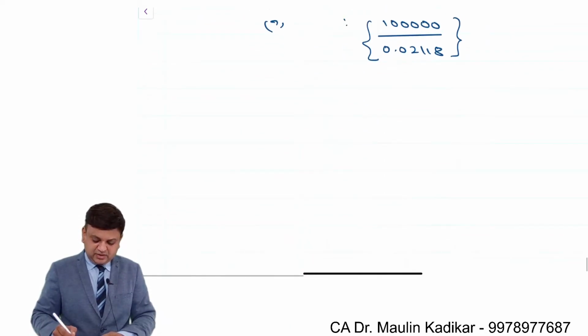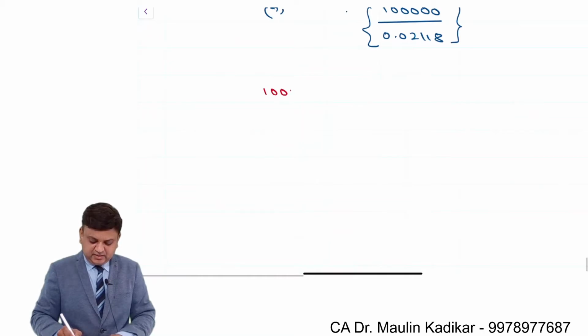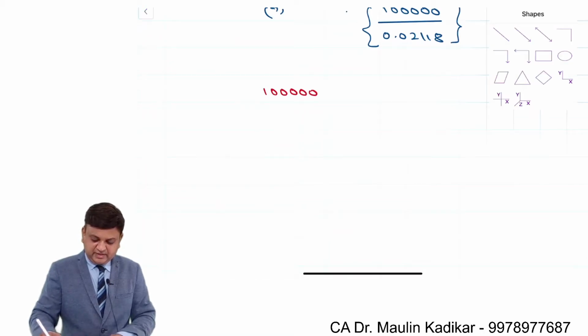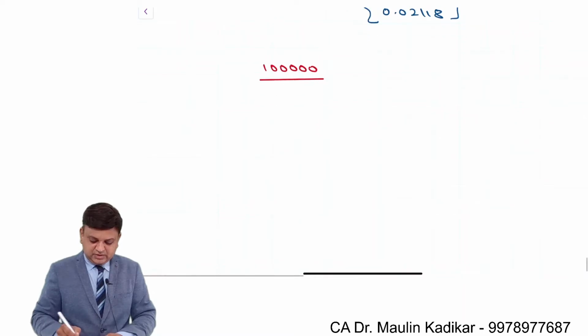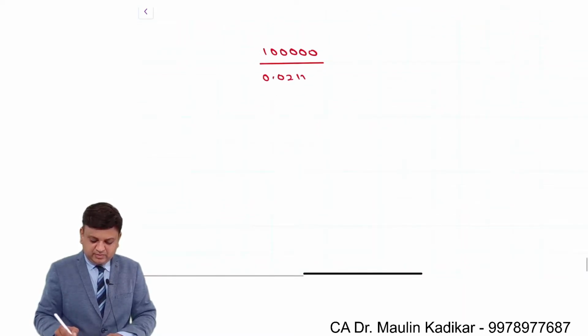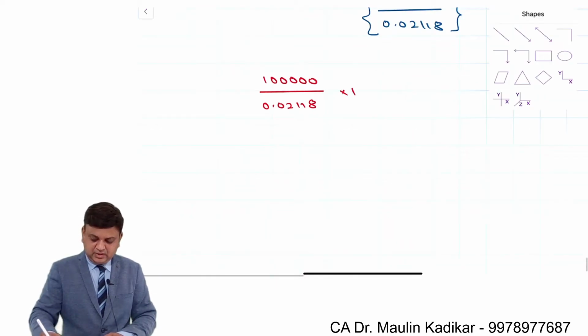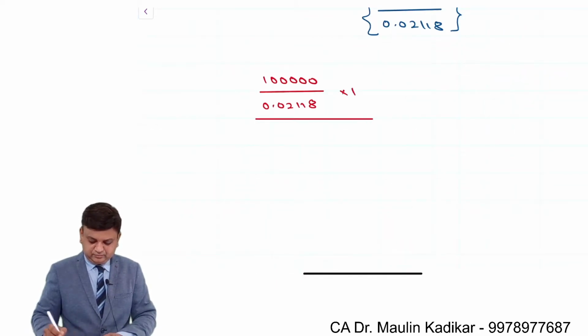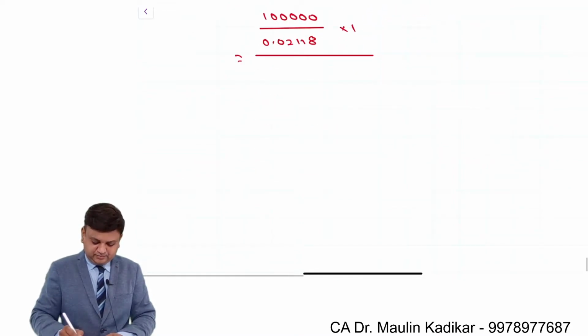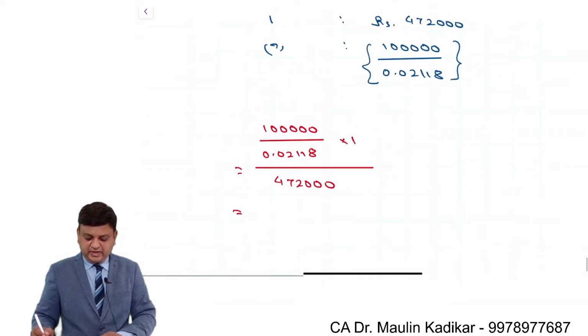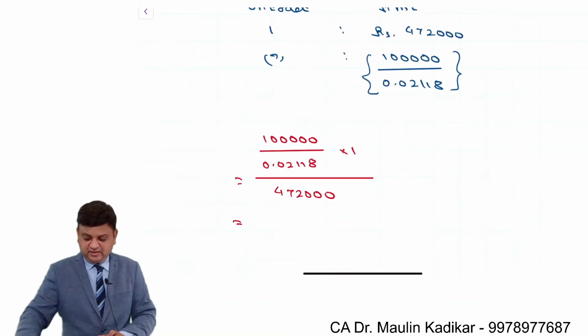So kindly use a calculator once again. It is 1 lakh divided by 0.02118 into 1, that does not make a sense, divided by 4,72,000. With that, say you'll be able to get say the same answer. Let us check that. 1 lakh into 1 divided by 0.02118.